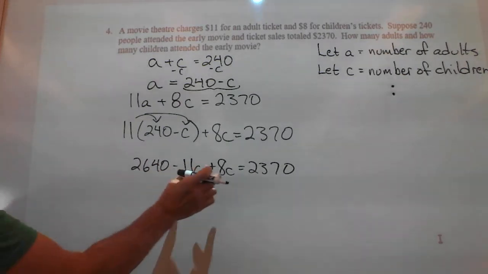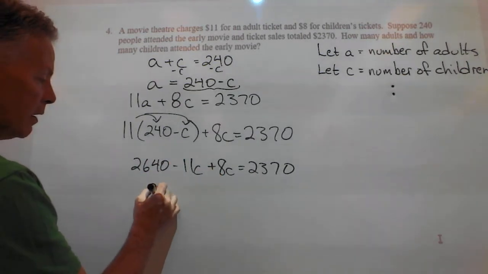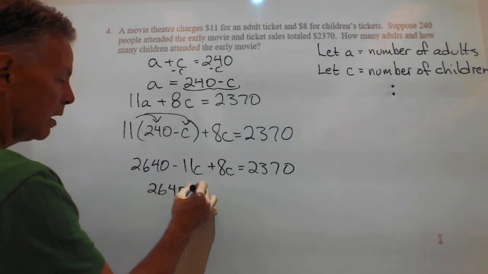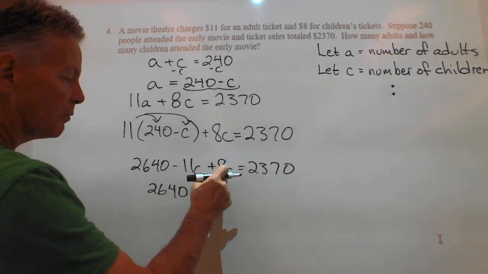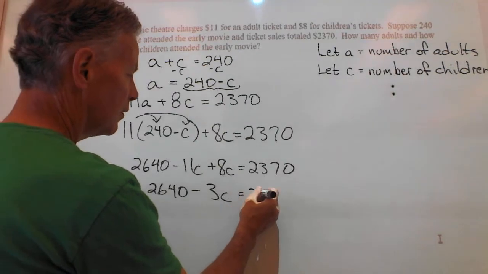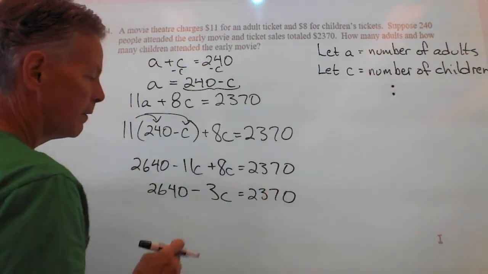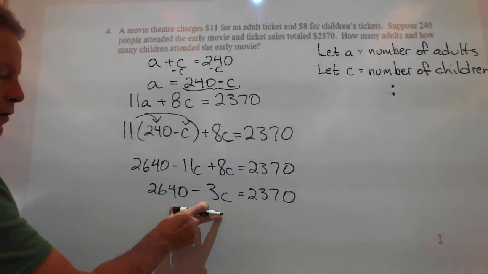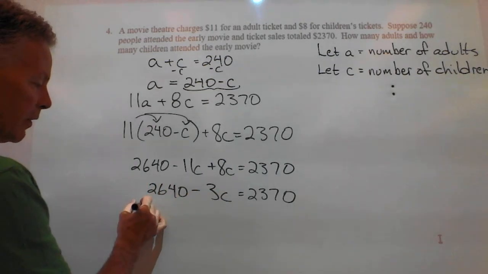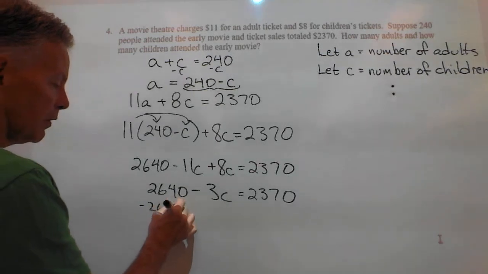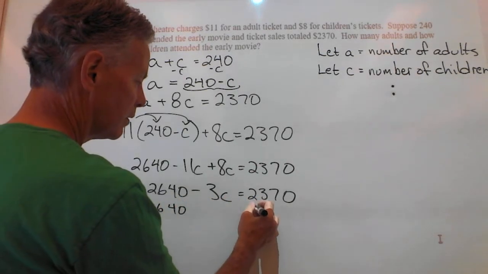Okay. Like terms can be combined to give you 2640 minus 3C, right? Minus 11 plus 8 equals 2370. Now we've simplified the left as much as we can. Let's isolate C. So get rid of the stuff that involves adding and subtracting. Subtract 2640 from both sides.